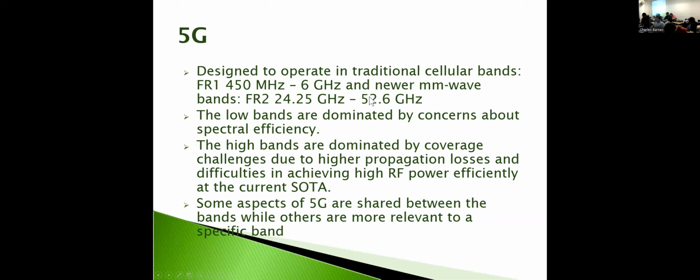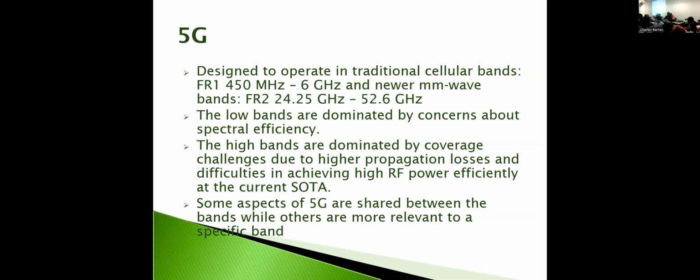So there's some design issues that we've tackled in 5G that are really just for that millimeter band, and others that are really just for the low band. But there's a lot that's trying to cover both bands.